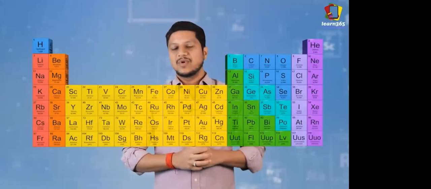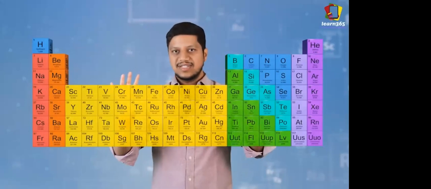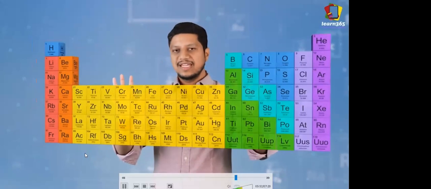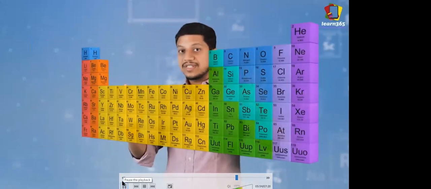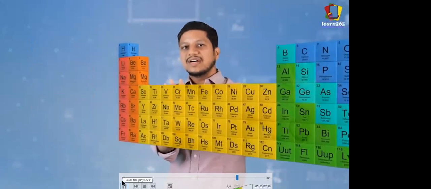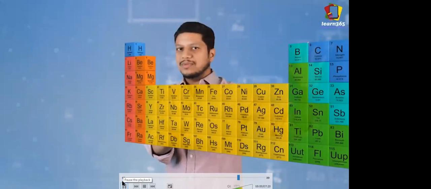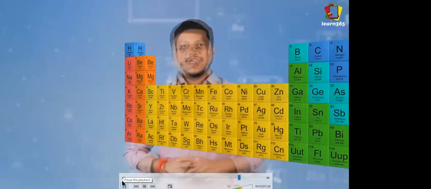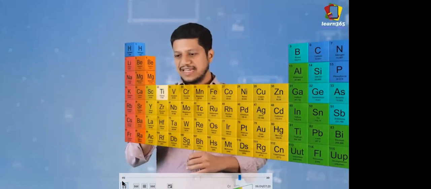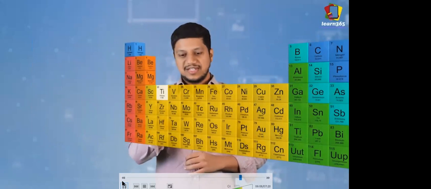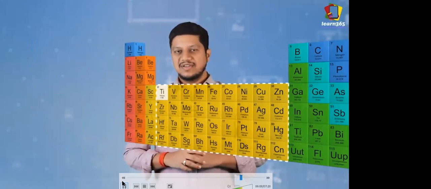So, second step, what I do is I take this 3D table and I tilt it this way. Third step, I just move it a bit like this. Even if this part is going out of frame, it is okay, no problem. We have to focus here. So can you see the element titanium, which is there in the D block? Correct?